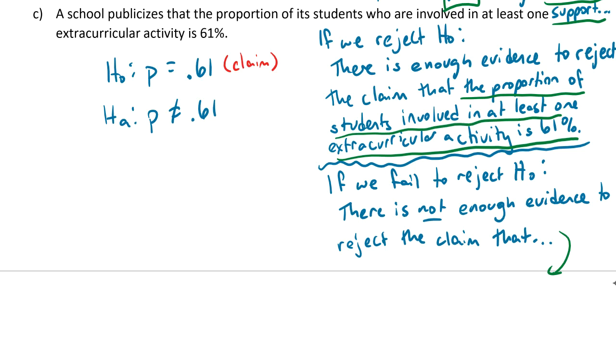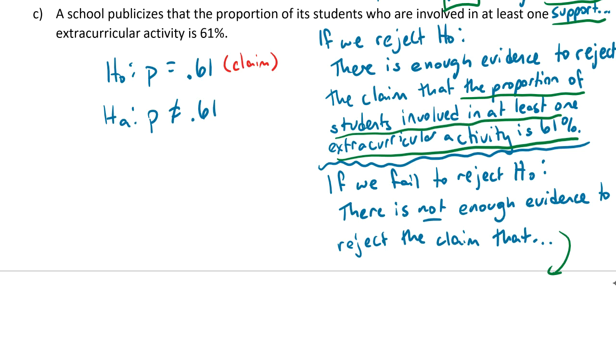With that said, that's it. That's the intro to hypothesis testing. This is all the basics of how we're trying to find the probability that we could have gotten a sample statistic that's that far away from the claim, and we're calling that a p-value.